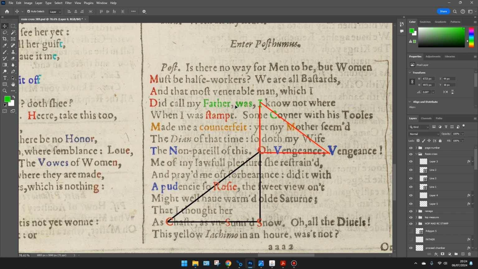And if we look here, we have some Roman numerals, an I, a C, an M. The W is not a Roman numeral, and then V. But if we look close, it says, made me a counterfeit. And I see this capital letter M here, and a capital M in the alignment for the Roman numerals.